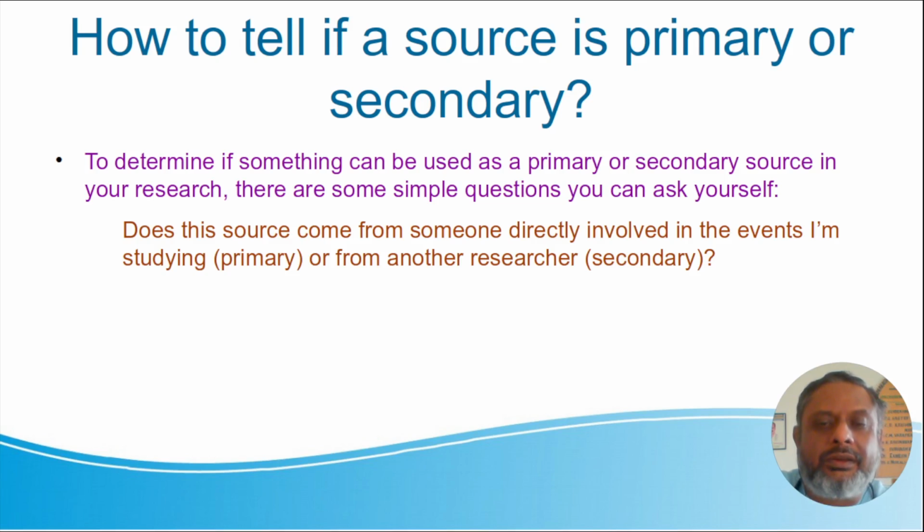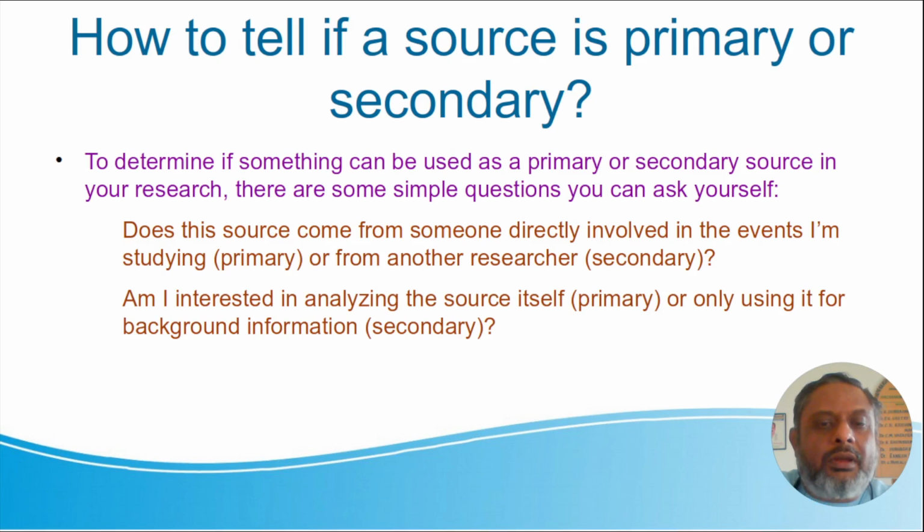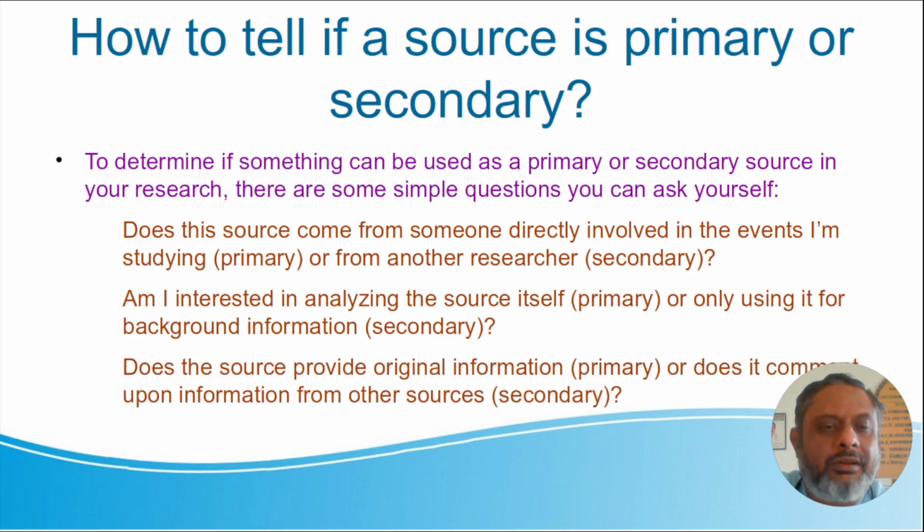Then it is secondary. Am I interested in analyzing the source itself? Then it becomes primary. If I am only using it for background information, then it becomes secondary. Does the source provide original information? If yes, then it is primary. Or does it comment upon information from other sources? Then it is secondary.